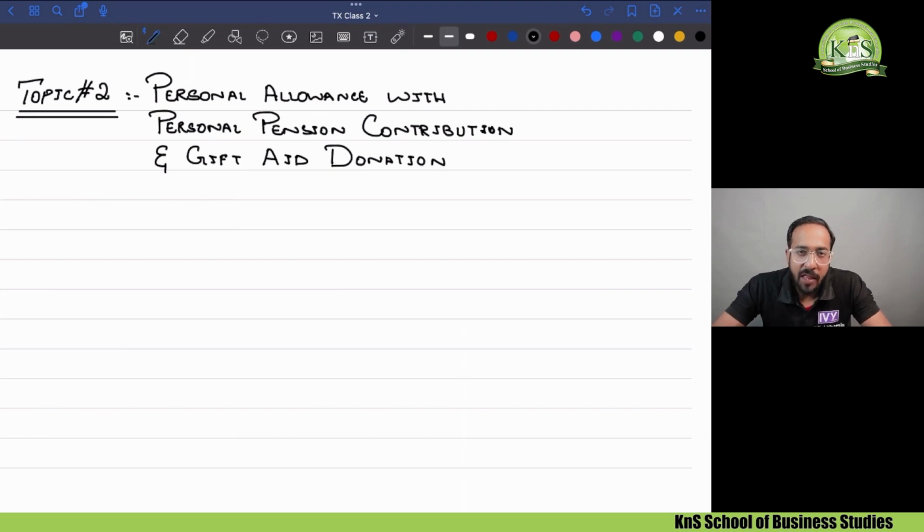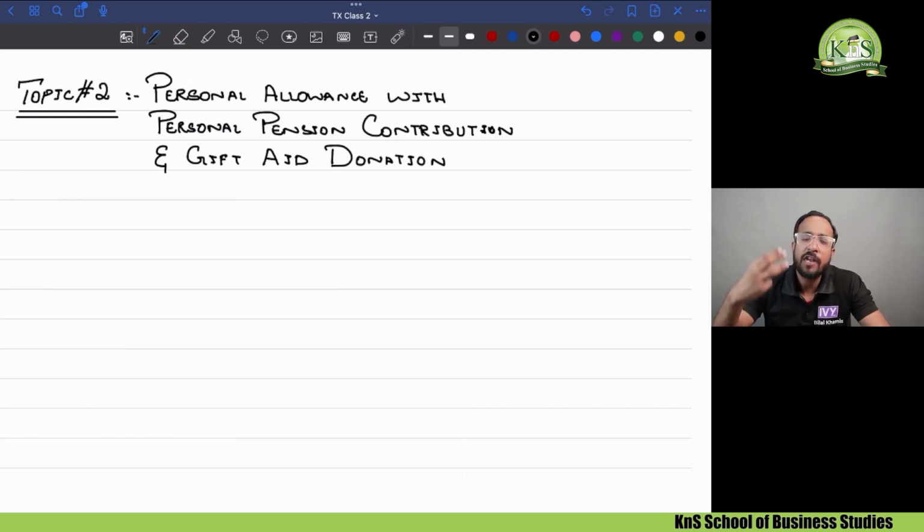Now, as I have already told you, there is an amount of personal allowance, and I believe you know what personal allowance is. The fixed amount for personal allowance is 12,570, but there are some circumstances in which this amount can go less than 12,570 or to 0.